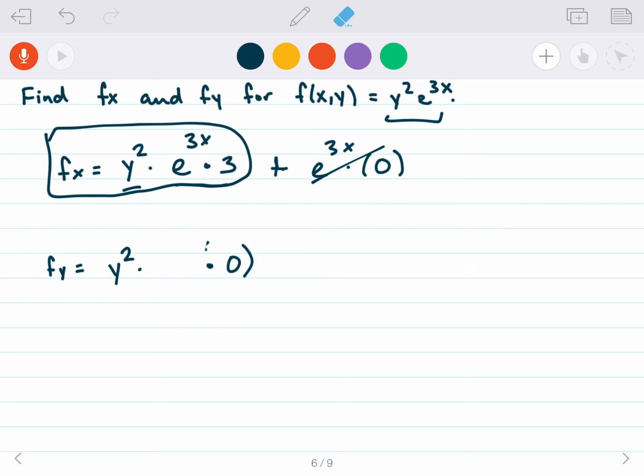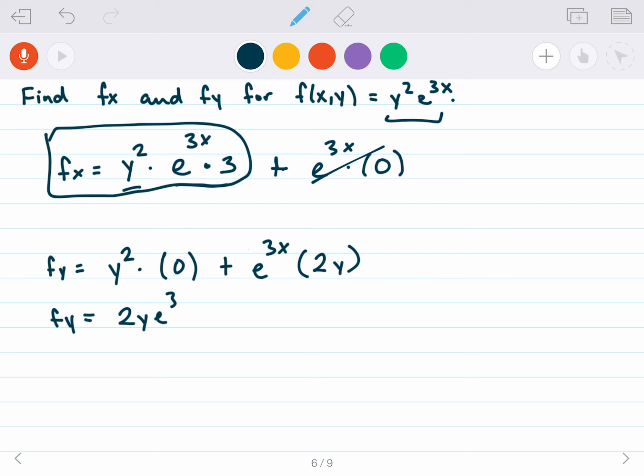So this is essentially just y squared times 0. So keep the first times the derivative of the second plus keep the second, e to the 3x, times the derivative of y squared, which is 2y. So my answer here for the partial derivative with respect to y is just 2y e to the 3x. And that is my answer there.